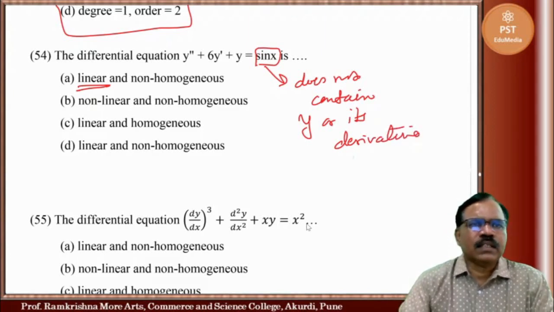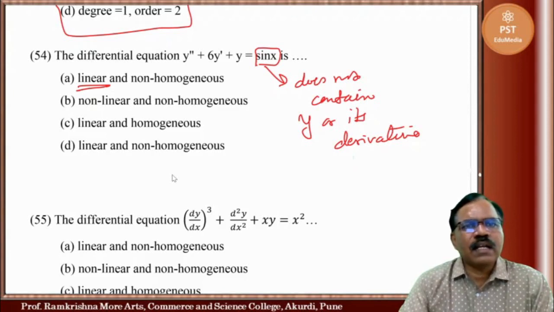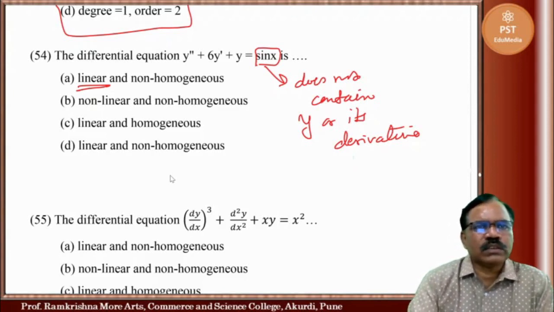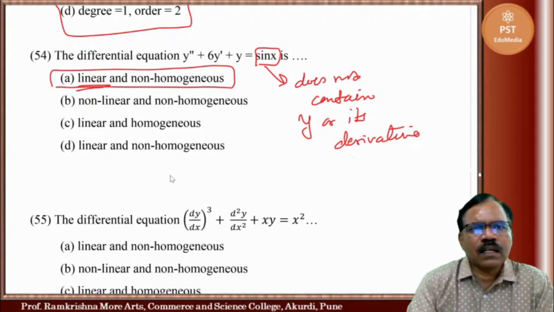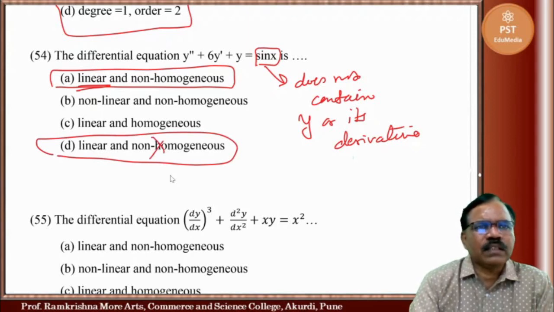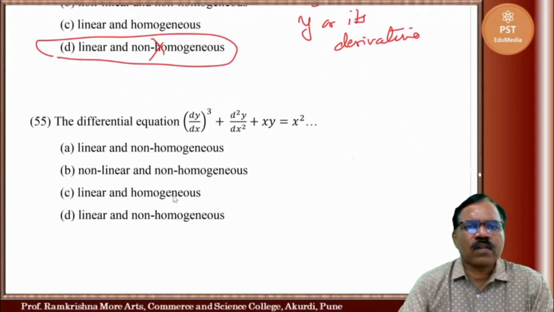That's why it is linear and non-homogeneous. So this first one is correct. So here again the same one is there. So take this first one.